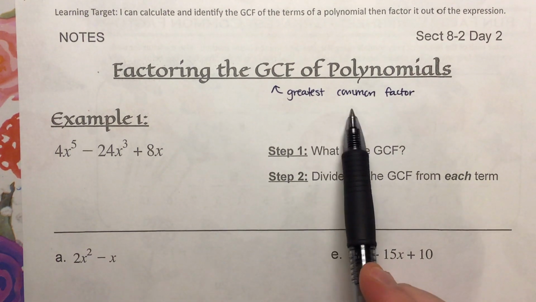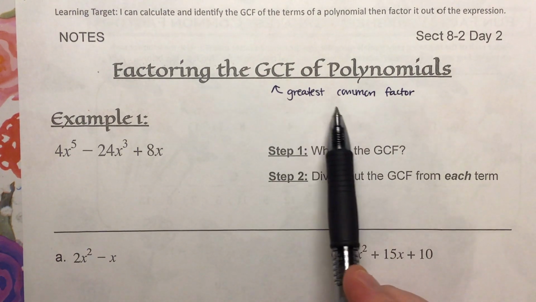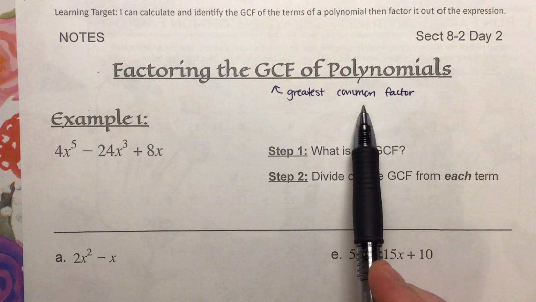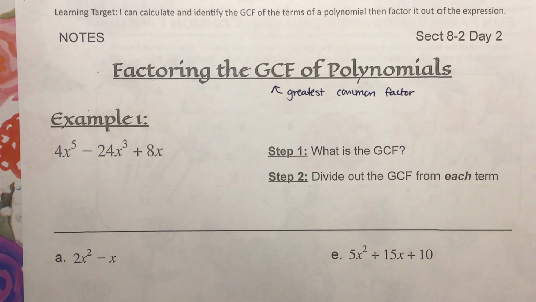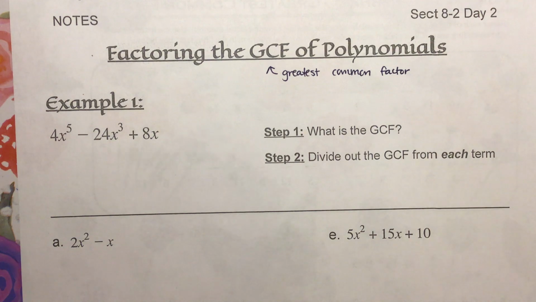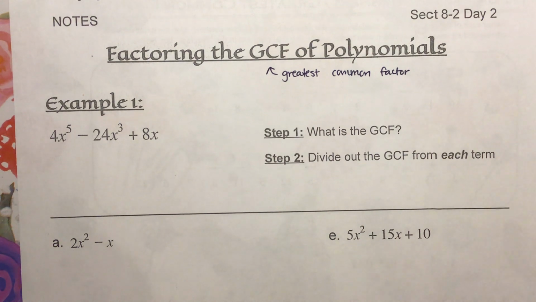Because it says common. So I want the biggest number that is also common between all the terms in my polynomial. So how you're going to do this is you're going to calculate whatever the GCF is, or the greatest common factor. And then when you know what that is, you're going to divide it out of each term.